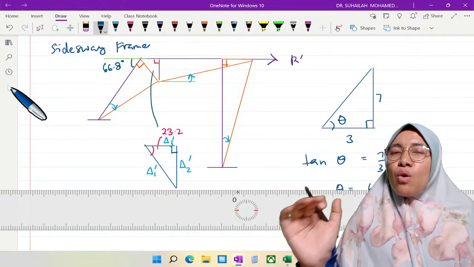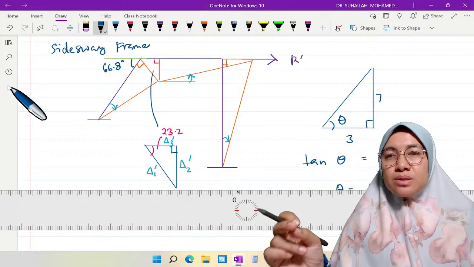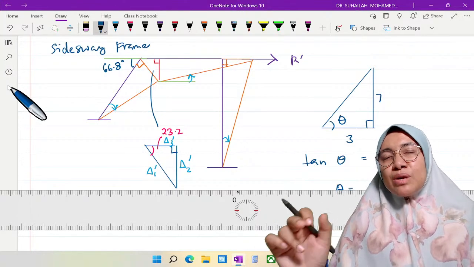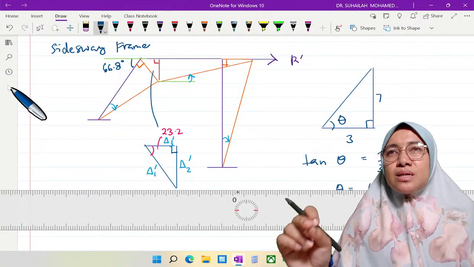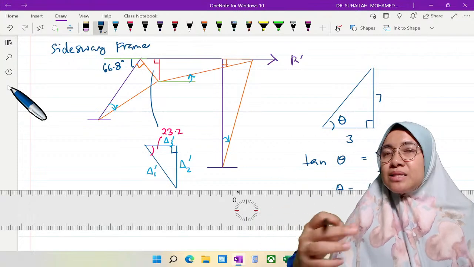We can only analyze a frame which is subjected to R prime, because for this frame we can assume the FEM. We cannot assume FEM for a frame subjected to R, because R is the value that we want.